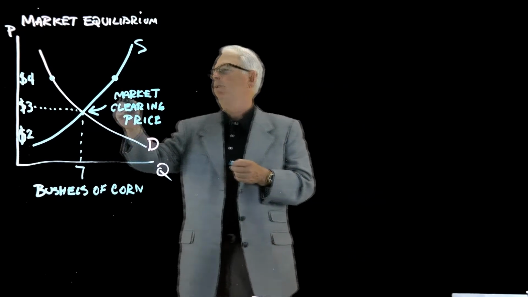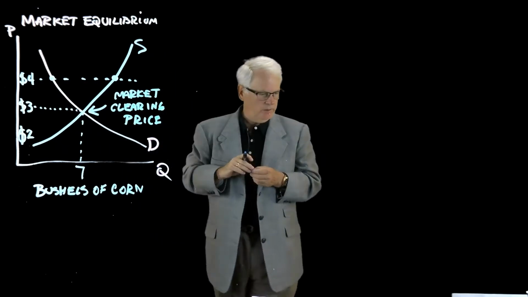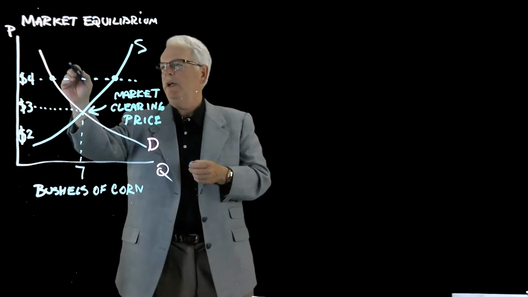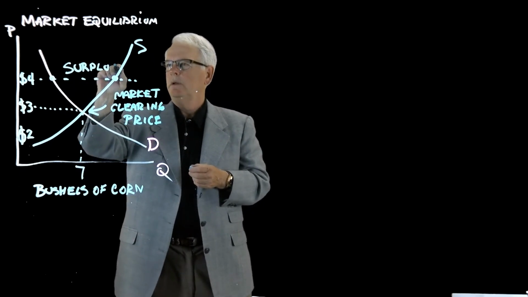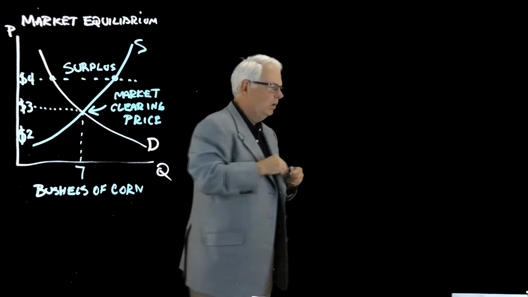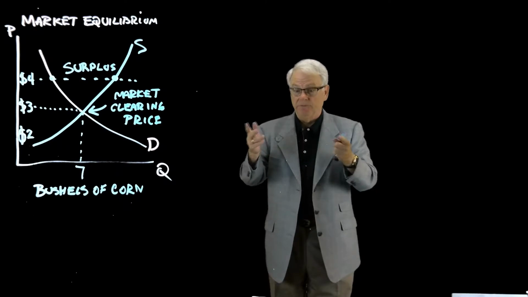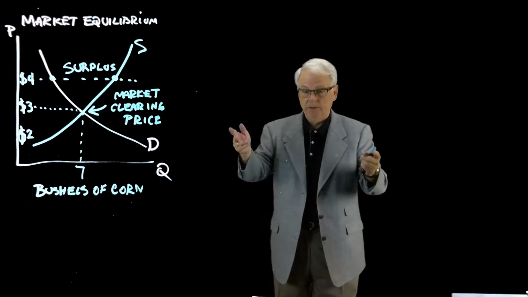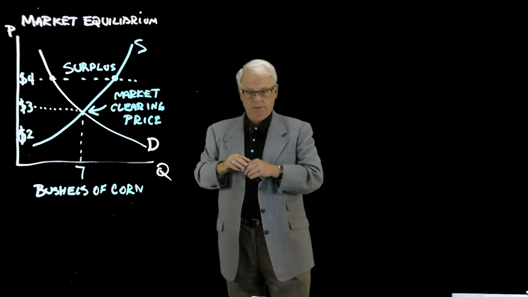So basically at $4 you would have inefficiencies, you would have a surplus. There would be more bushels of corn produced in efficient productivity than consumers would demand.